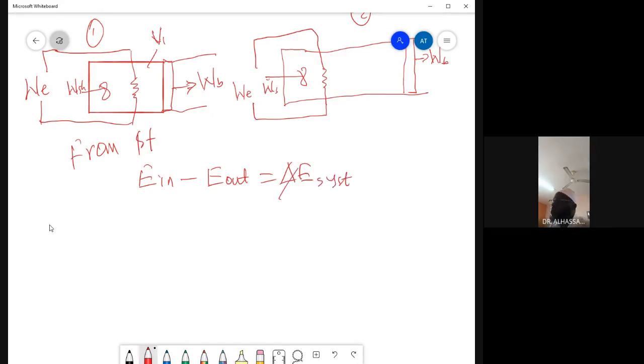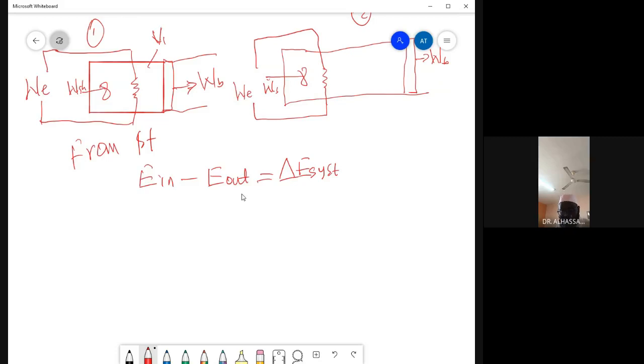Now, this quantity is always equal to 0. Oh, I'm very sorry. This is not like that. It is only 0 for an open system. So this is delta E, the change in energy of the system.